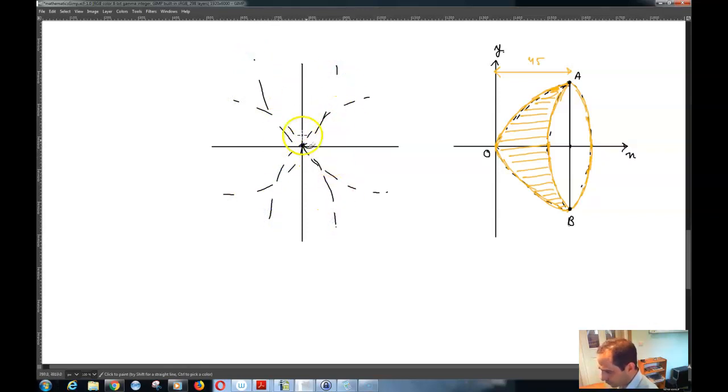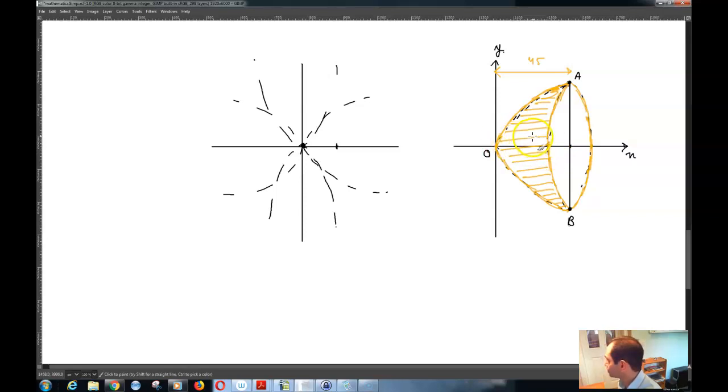And we got 4 different equations for these different parabolas. And then you have a vertex over here, and you have a focus over here. And this focus seems to be 5 centimeters from the vertex. So over here the focus seems to be at 5 centimeters from the vertex.